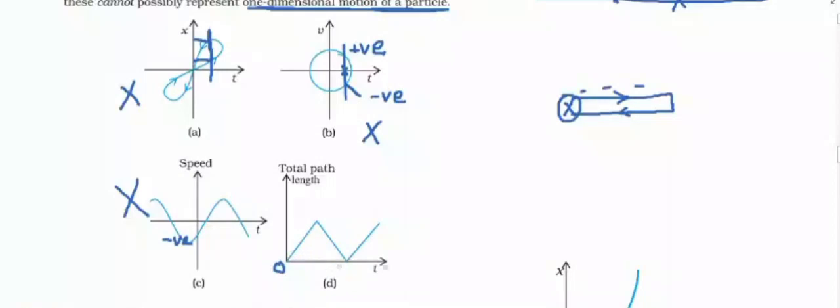As the time increases, path length also increases. Length of the path traveled by the object always increases if the object is in motion. Therefore, this graph also is not possible. What is the reason? The path length cannot decrease. Path length of a particle always increases.